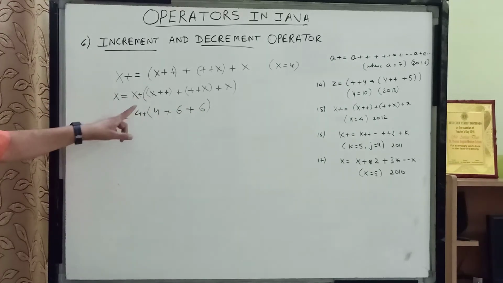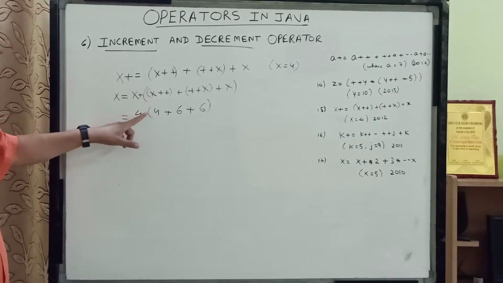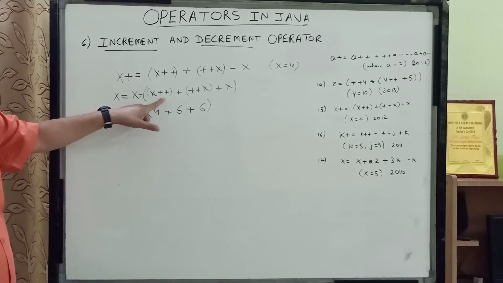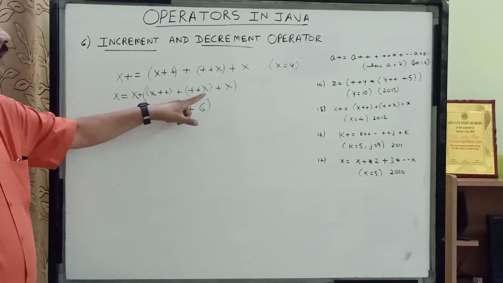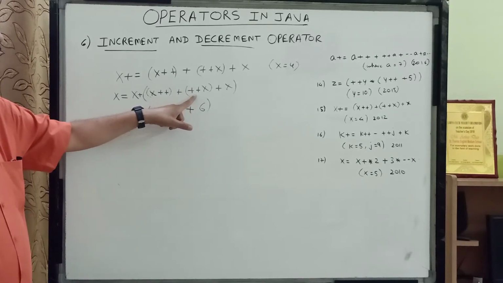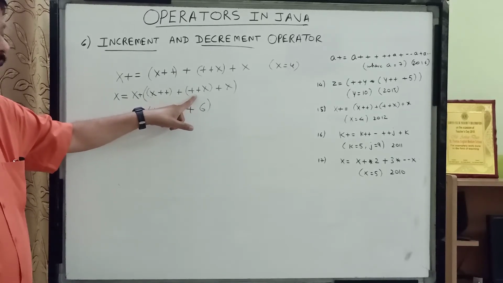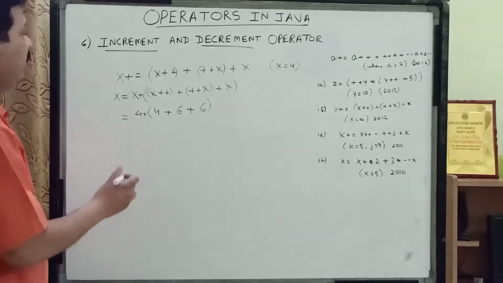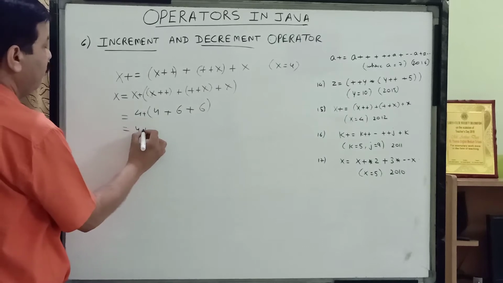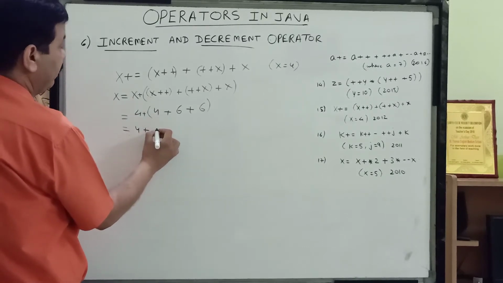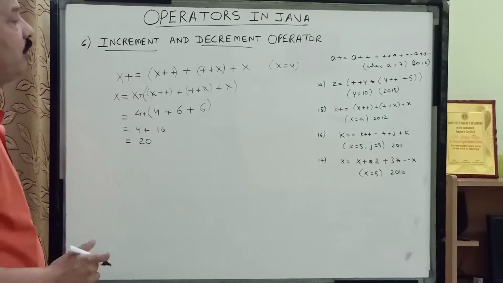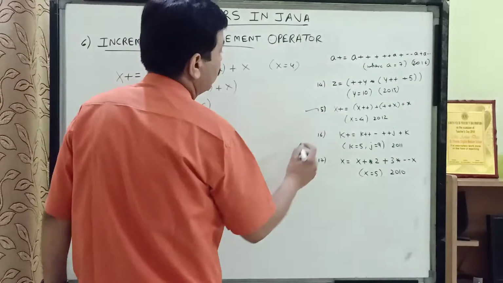Since it is a post-increment, the original value will be taken, but its value will be increased by 1, it will become 5, and when this operator is used in pre-form, then its value will become 6. So this is 6, and the final value of x becomes 6. So we will say 4 plus 16 and it becomes 20. So this is the answer to this question. We have done this question also.